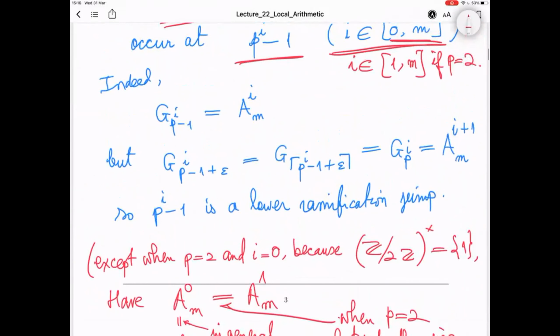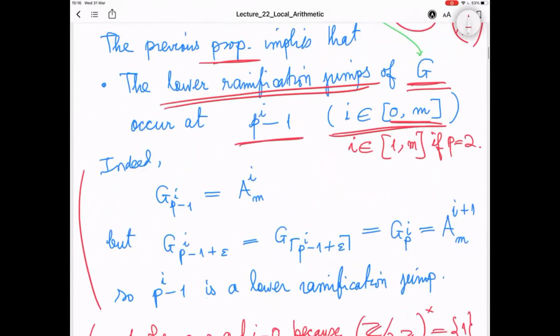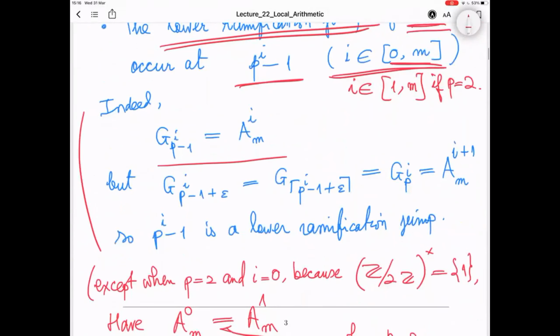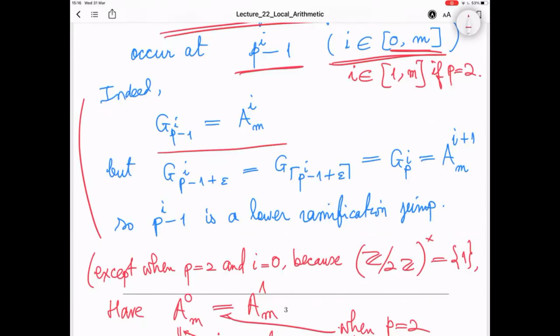So here is the explanation, right? What I've explained is written here again.